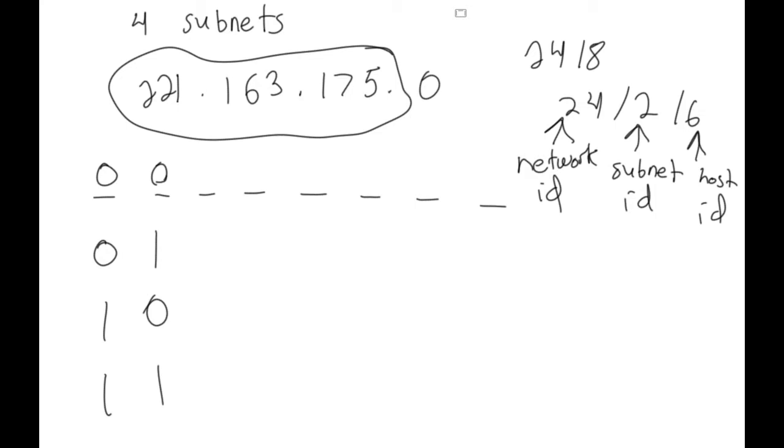But something very important to keep in mind is that you can't actually use all zeros or all ones in these. Why not? Because if this was all 0, this would represent the ID of your subnet. Just the ID, nothing else. And if this was all 1, this would represent the broadcasting address.